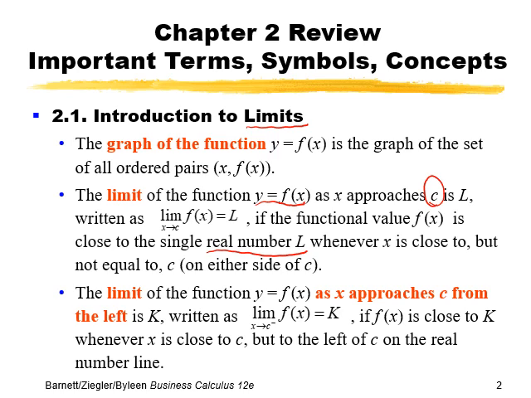However, there are ideas about what is happening in the function as x approaches c from the left, or as x approaches c from the right. There are times when maybe they're doing different things.